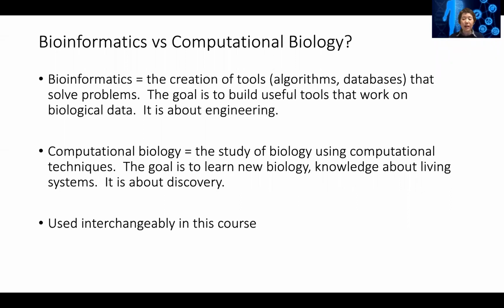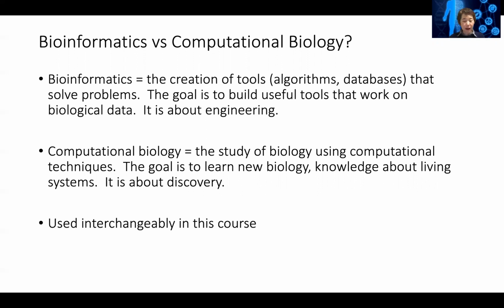This course is an introduction to computational biology and bioinformatics. So you might wonder, what is the difference between these two terms? Bioinformatics is focused on the creation of tools such as algorithms, databases, and web servers that solve problems for biologists. The goal is to build useful tools that can work on biological data. It's more focused on the engineering aspect or the quantitative aspect of the problem.